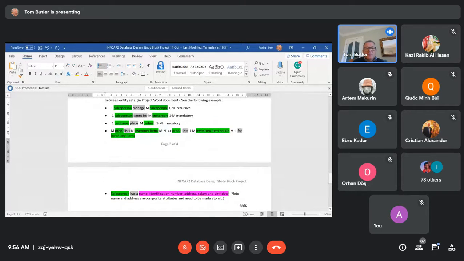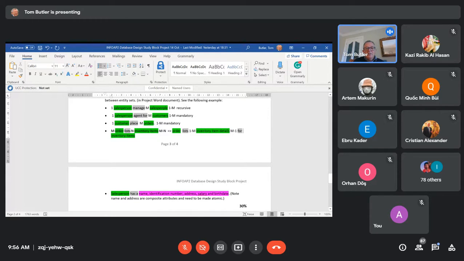I saw something like this this morning when one student shared with us his work thus far. And yes, you could see the workings. You could see the analysis of the text, the identification of entities, the identification of relationships, the connectivity and cardinality of relationships.